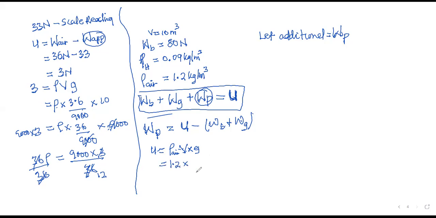times, what do you think will be the volume of air displaced? Class, what will be the volume of air that will be displaced? 10 meter cube. Why will it be 10?